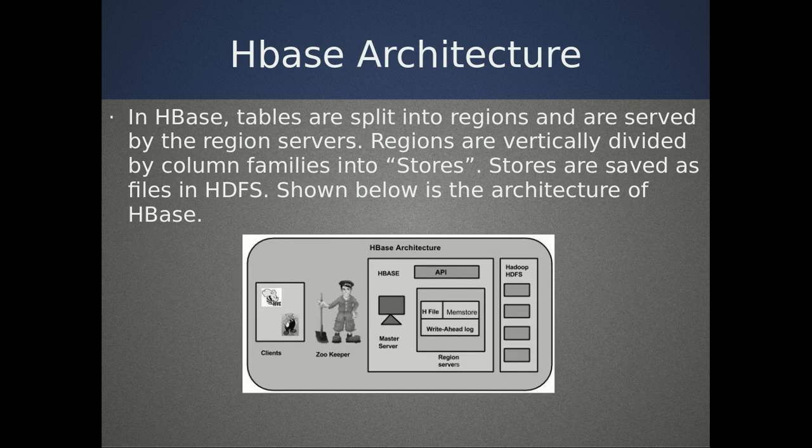HBase architecture: its tables are split into regions and are served by region servers. Regions are not geographical regions. It's called a region because in HBase each row is partitioned. Each row is defined with a unique key, like the primary key in a normal RDBMS system.